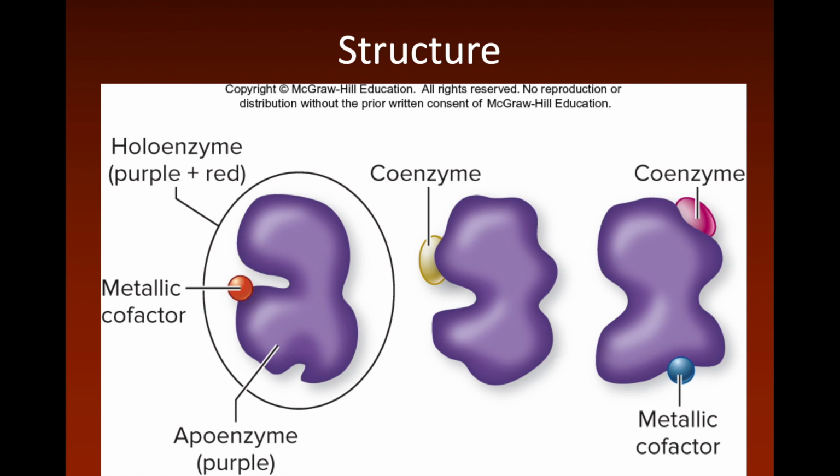These are really important in any kind of ionic interaction or redox reaction. Coenzymes can also be important in redox reactions, but also in any kind of chemical modification done to a substrate. This picture is just to show you that it's not just one or the other. Some enzymes can have both coenzymes and metallic cofactors.